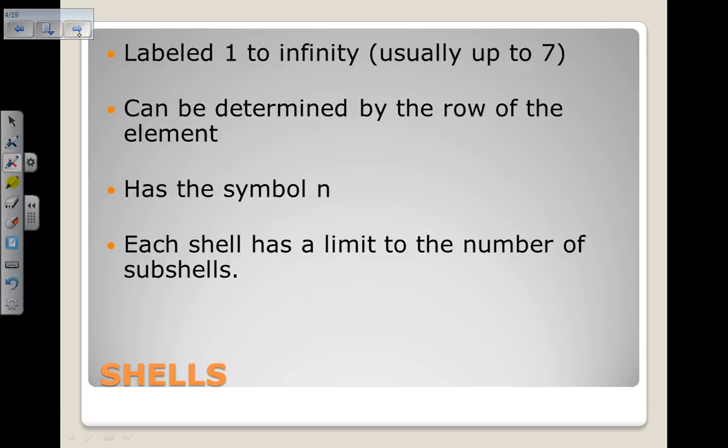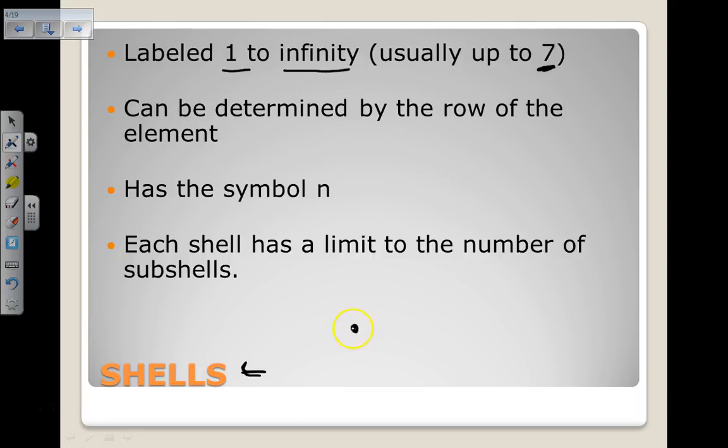Okay, and so let's talk about shells. The outermost thing, the biggest thing, these are the outermost shells, and they can be labeled anywhere from 1 to infinity, but usually it's up to 7.